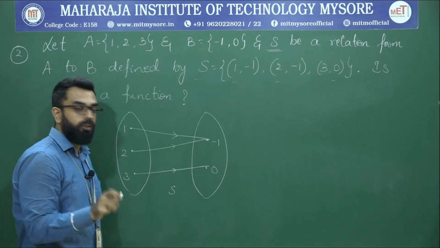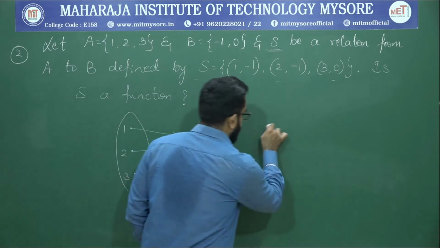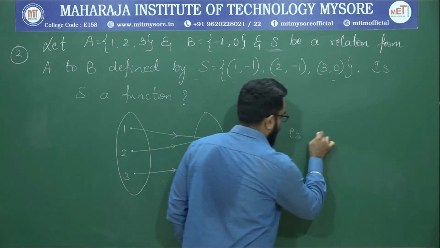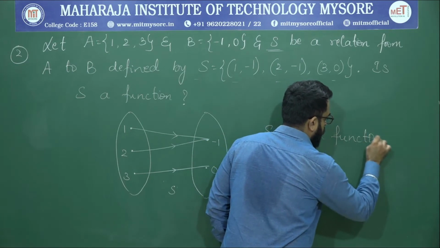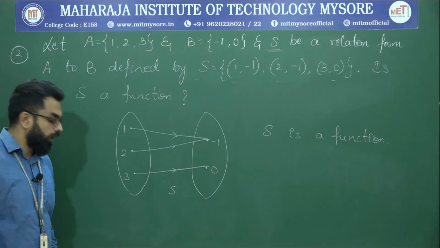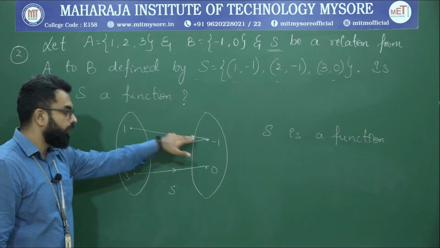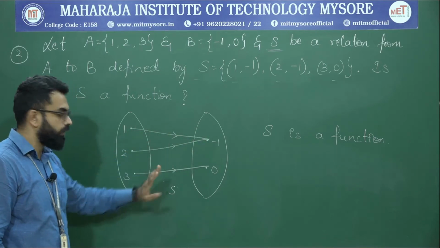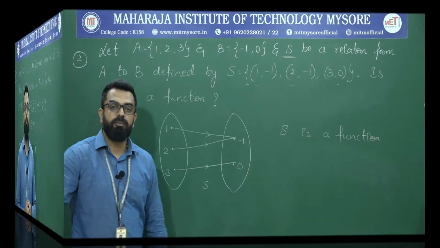So by this, S is a function. It is accepted because it doesn't violate any of the conditions in the definition of function. It says that all the elements of A should have the unique elements in B. Done, that is accepted. So S is a function.